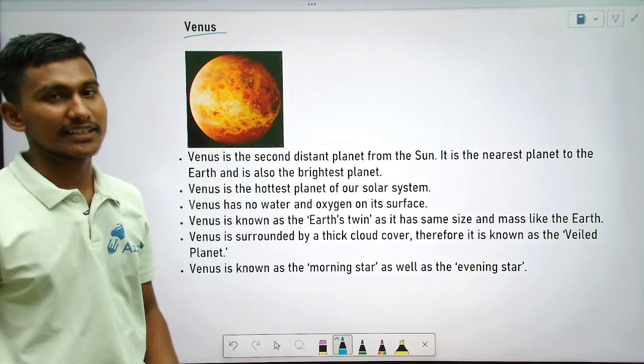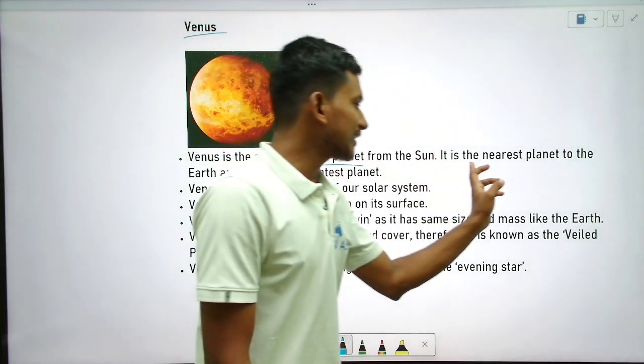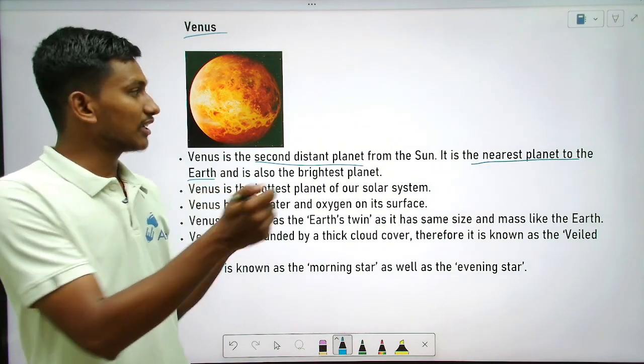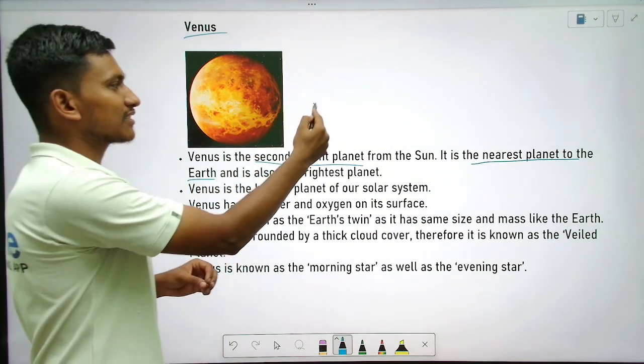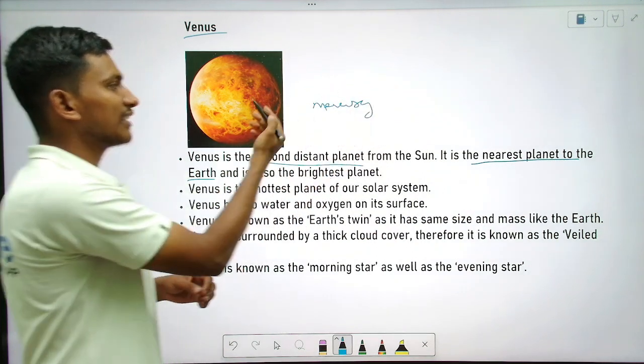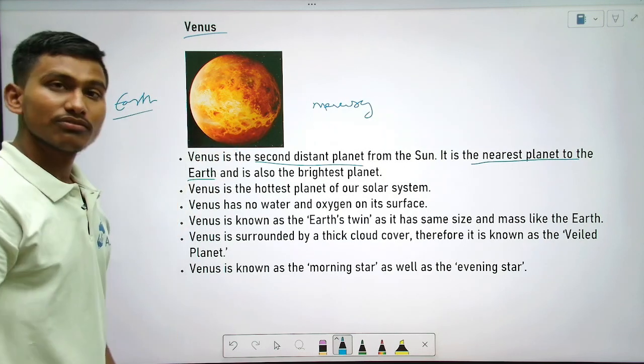It is the Venus planet, right? So Venus is the second distant planet from the sun, and it is the nearest planet to the earth. Earth is the third, right? First is Mercury, and then Venus, and then earth. So this is nearest to the earth.